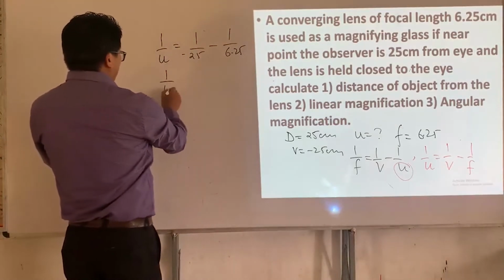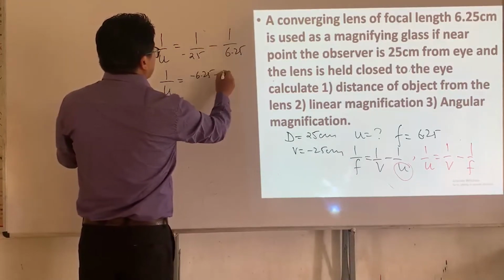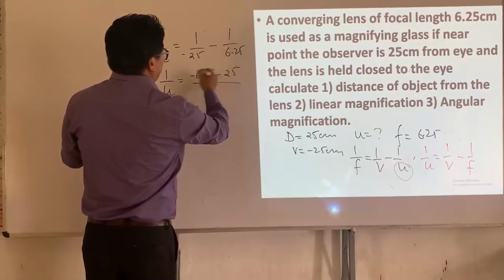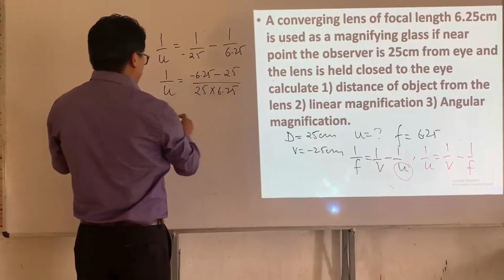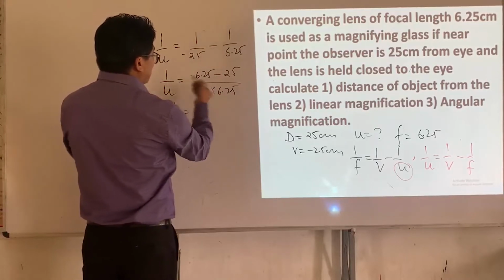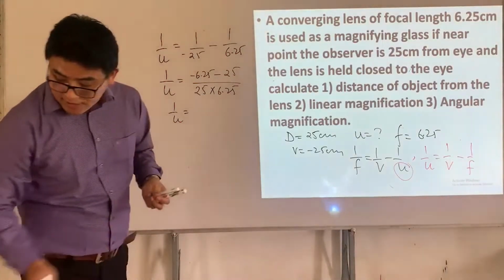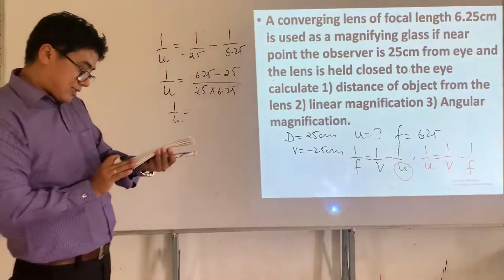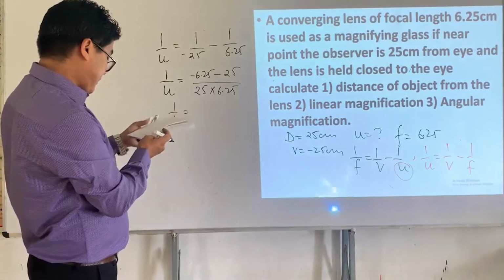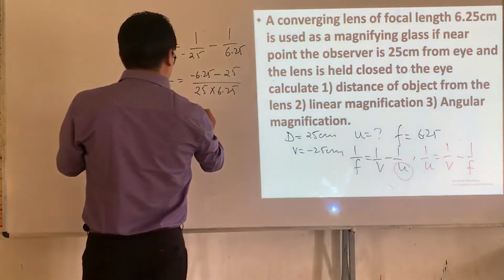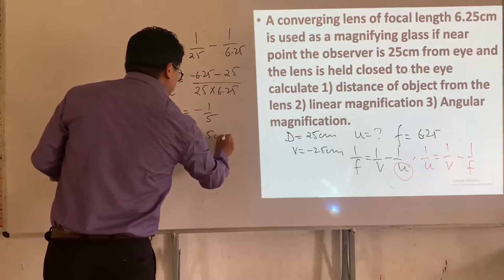And then look here, minus 6.25 minus 25, and then 25 into 6.25, and 1 by U is equal to, you just add, and finally we get U is equal to minus 1 by 5, and U is equal to minus 5 centimeters.